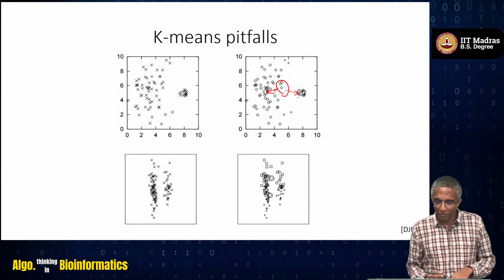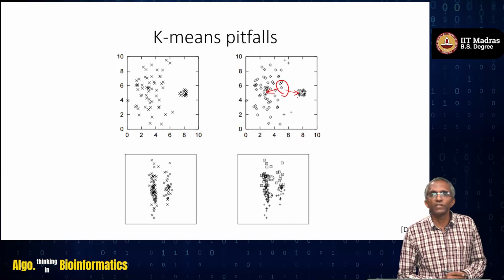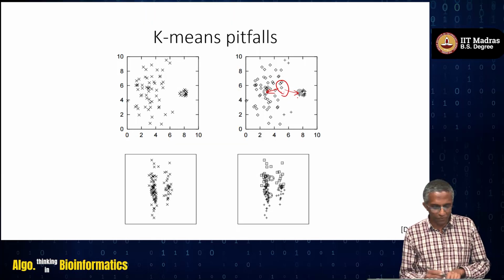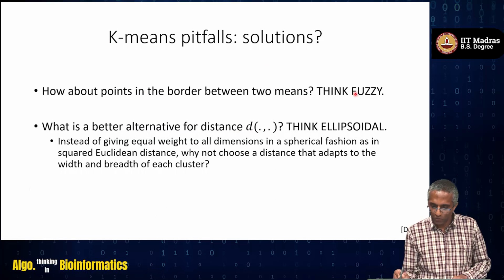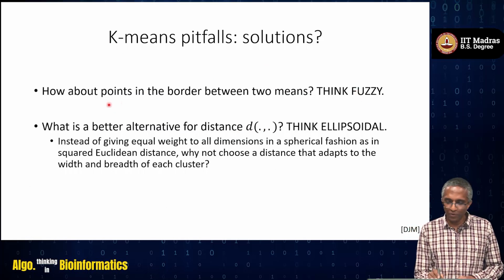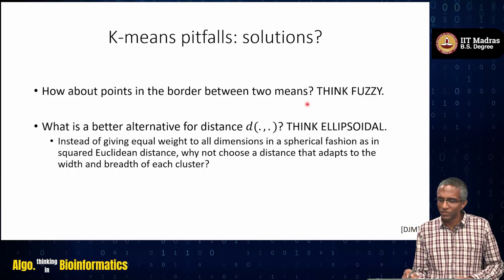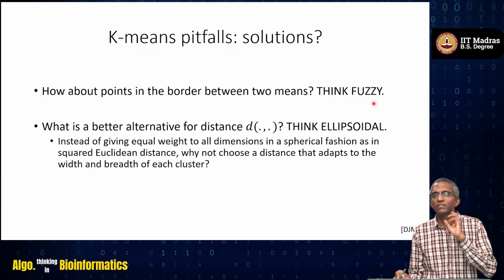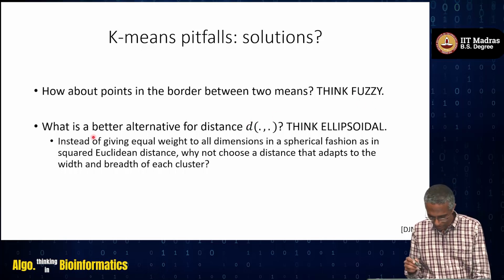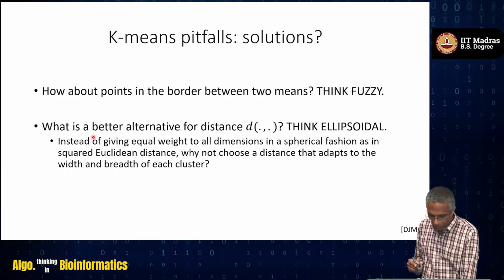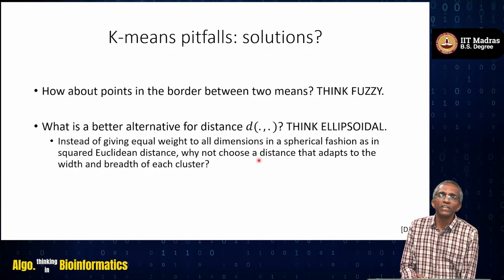So, is there a way that I can have this fuzzy version or soft version of k-means? That is what we will look at next. How about points in the border between 2 means? So, that I can think fuzzy and then try to see if there is a fuzzy or a soft version of k-means.